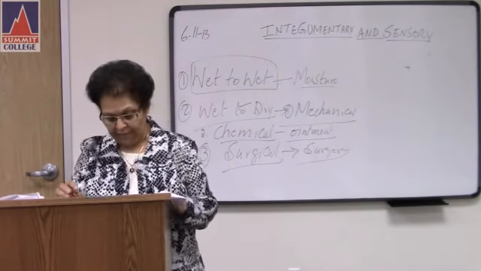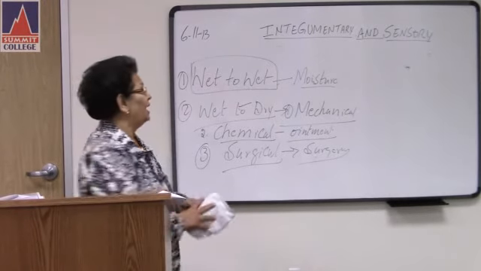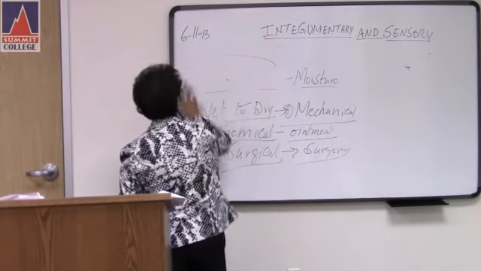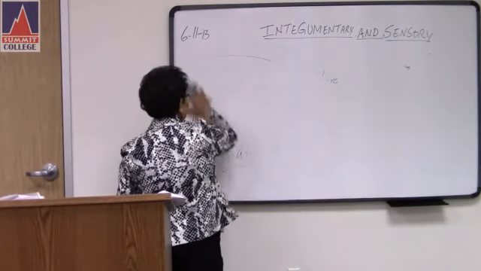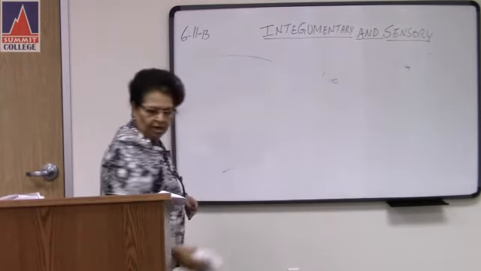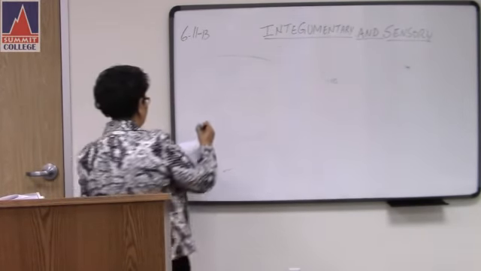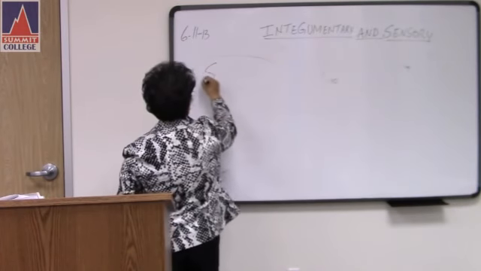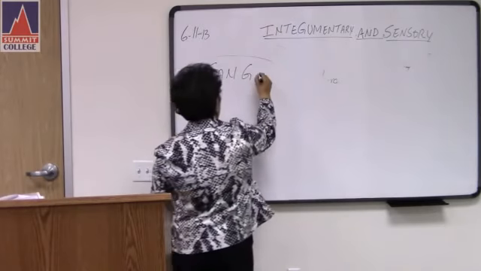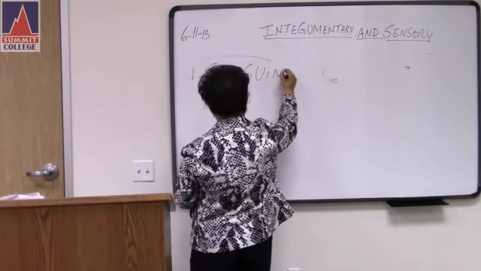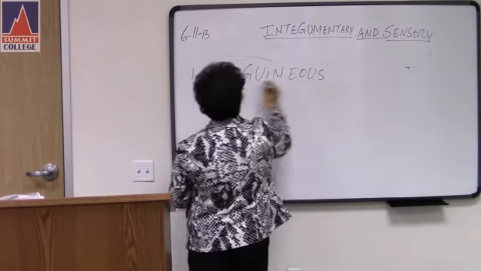Now I want to write down two words here, which are important for your exam, and as nurses, we all should know the wording of wound drainage. Purulent means pus, we all know. But I want you to write down the word sanguineous, S-A-N-G-U-I-N-E-O-U-S.